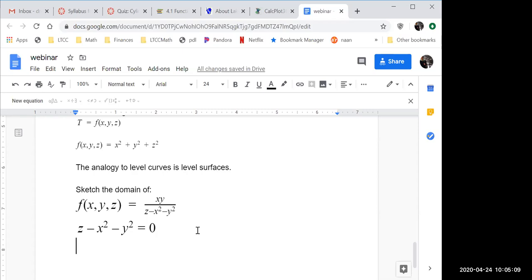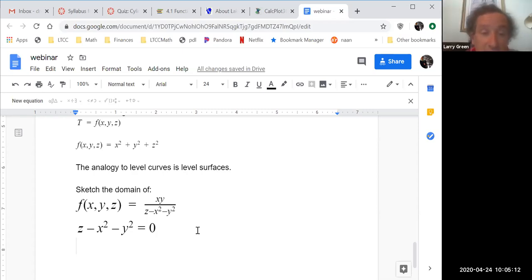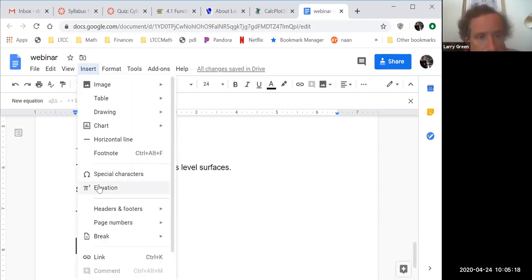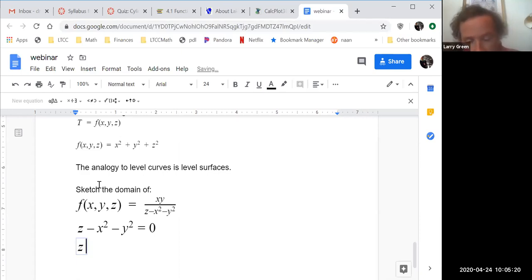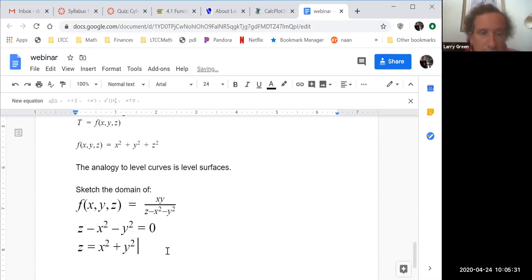Yeah, this is a cone. It's actually a circular cone. It's not even elliptical, it's circular, because this is the same as, easier to see it this way, z equals x squared plus y squared.